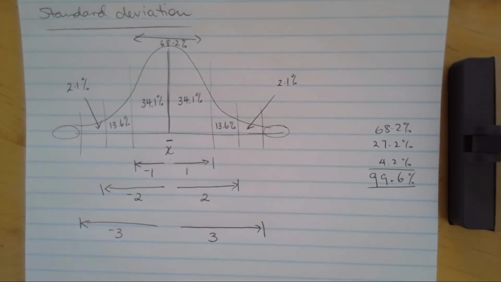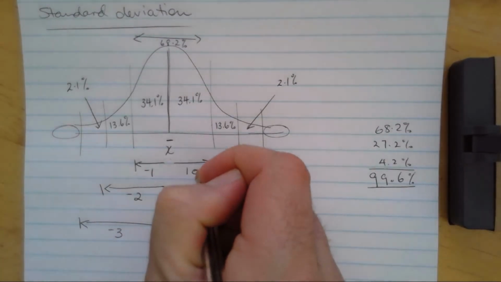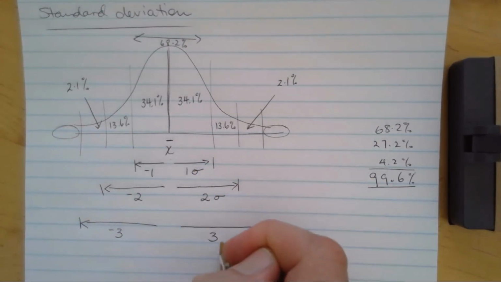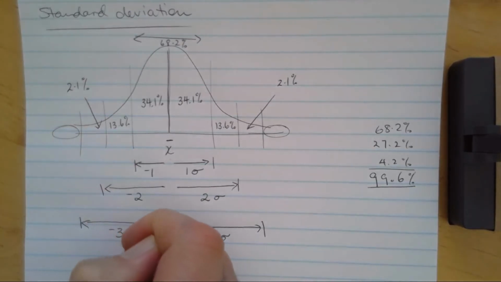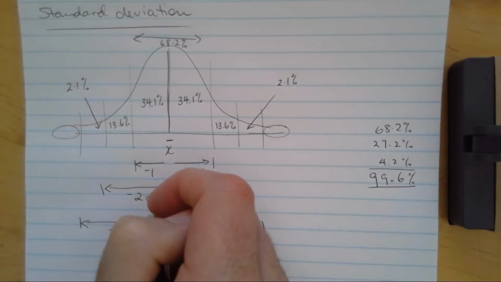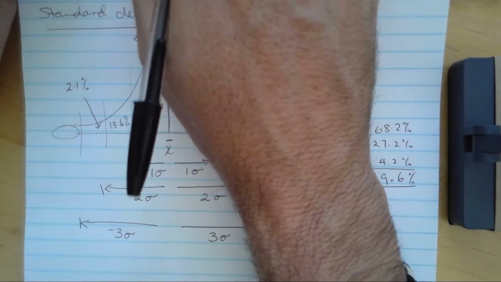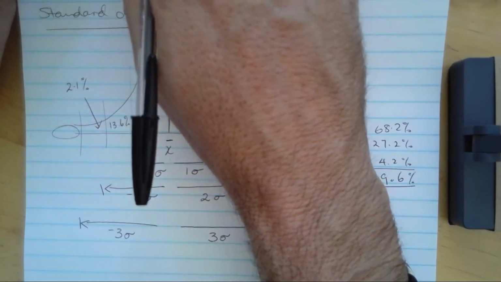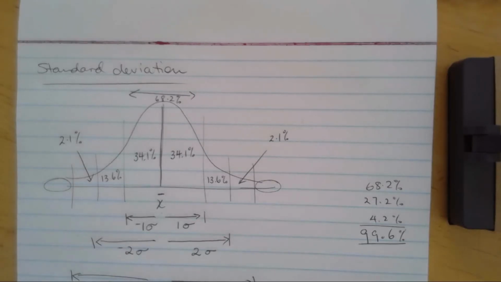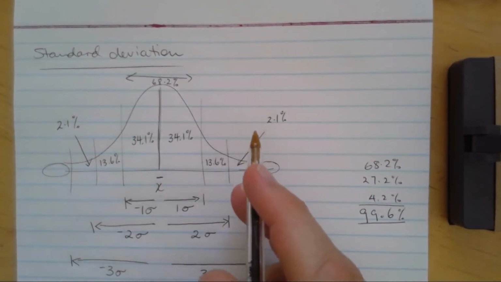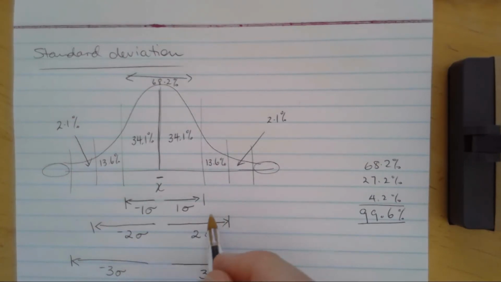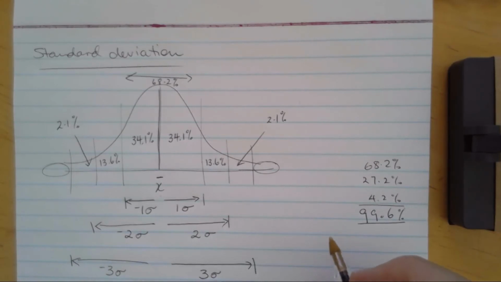Now when we're looking at standard deviation, you'll notice that it is written as that little squiggly symbol there. That character is referred to as sigma, and you will have heard that at some point before.